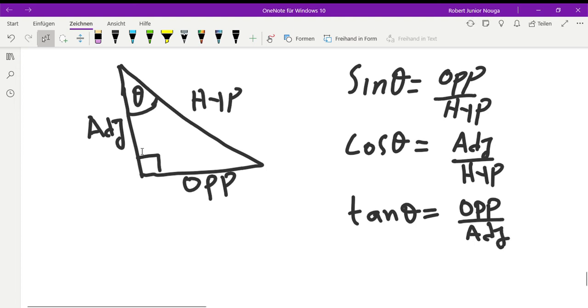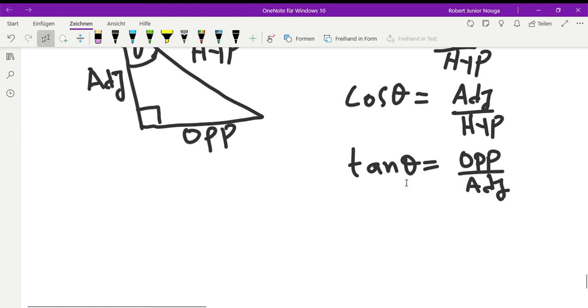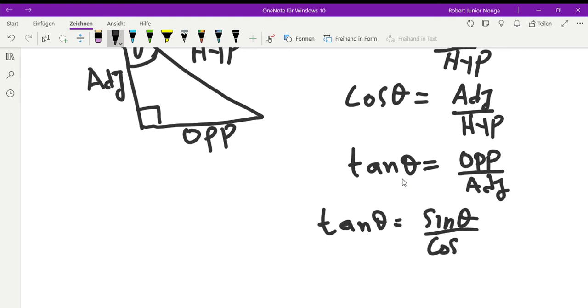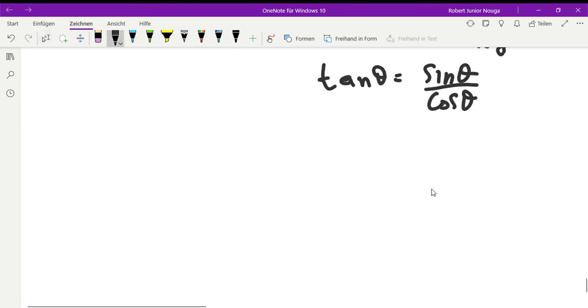Looking at our tangent function, we can clearly see that our tangent function can be written as the sine function divided by the cosine function. To prove this statement, I will just do it.